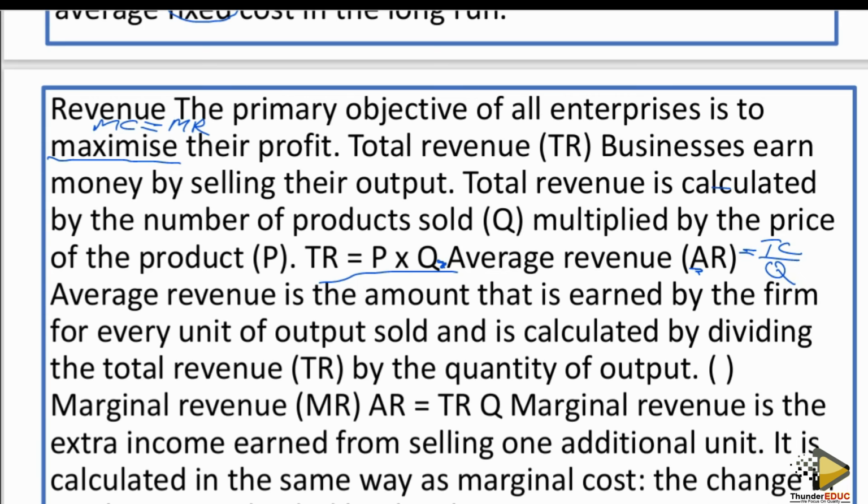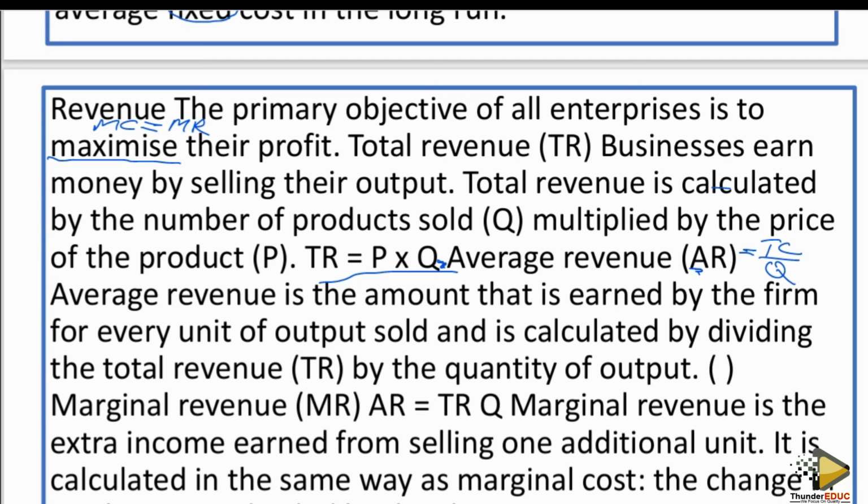So in this regard, you're saying that average revenue is the amount that is earned by the firm for every unit of output sold, and is calculated by dividing the total revenues by the quantity of output. So if you check here, grade 12s, we have the calculation of the average revenue.